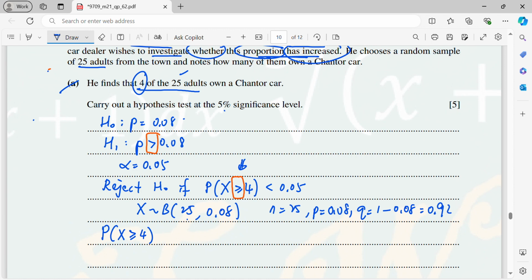What I need to do is I use the complement rule. For your information, for binomial distribution, X is binomially distributed with n, p, the probability of X equals x is nCx p^x q^(n minus x), and the x value is from 0 until n.